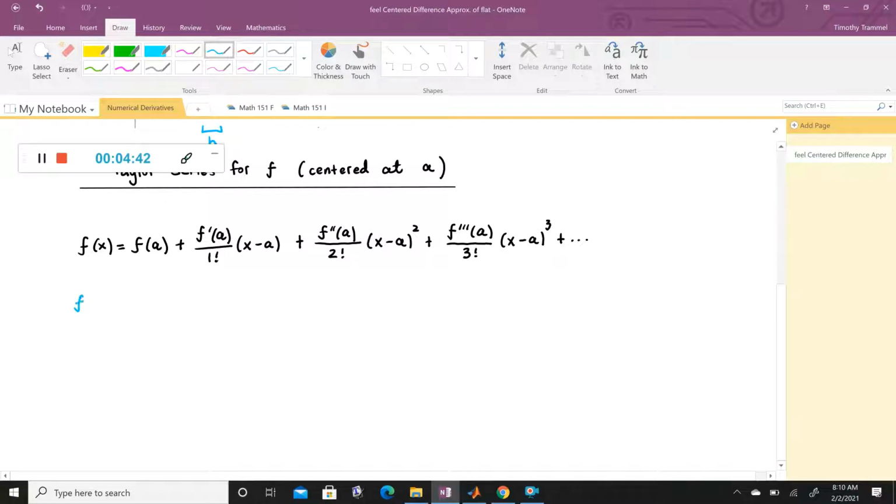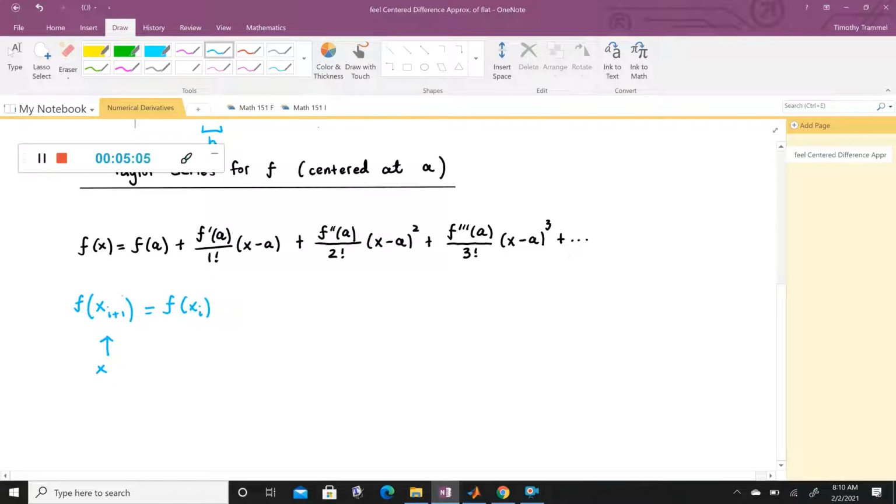All right, so in place of x here, I'm going to be plugging in x sub i plus 1. I just want to note that's what's going to be x there. And what's going to be a is going to be x sub i.